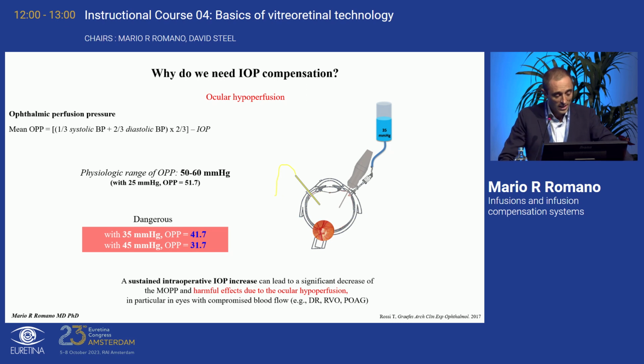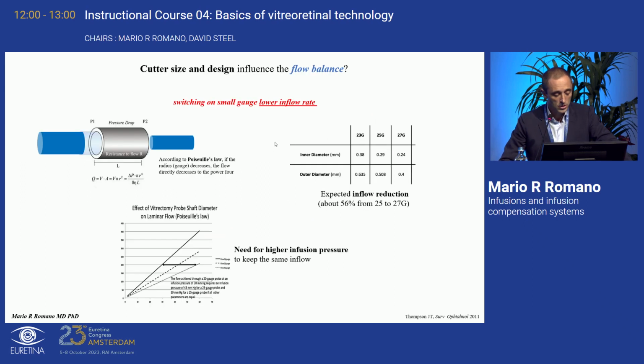We know that ophthalmic perfusion pressure is a balance between systolic, diastolic, and intraocular pressure, and the physiological range is between 50 and 60. When we increase the IOP, we have a decrease of ophthalmic perfusion pressure that can induce damage, especially in diabetic and myopic patients.